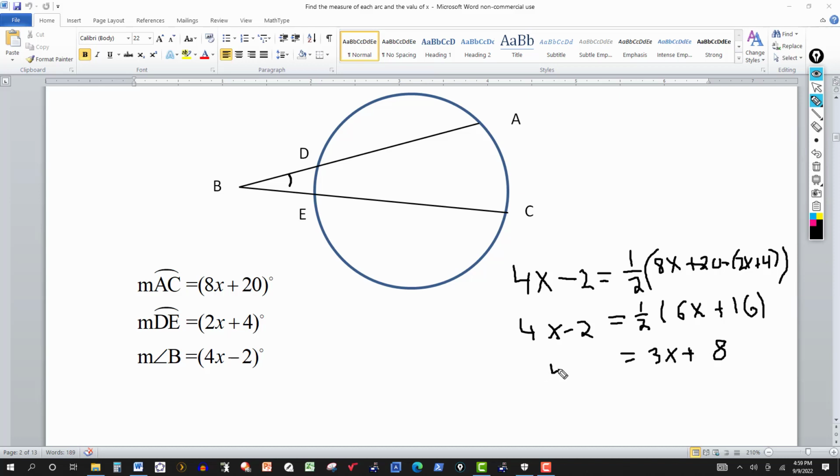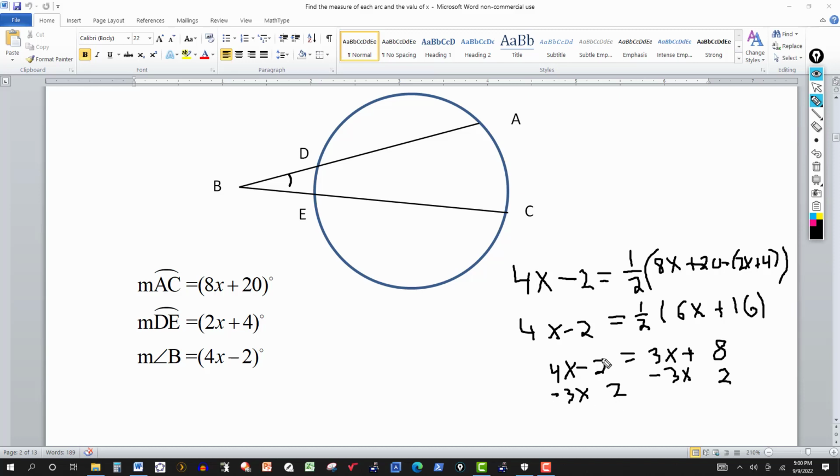This is 4x minus 2. And then we just isolate the like terms. So let's add negative 3x here and negative 3x over here. We're getting all of the x's on one side, the numbers on the other side. Here I'm going to add a plus 2 to get rid of this one, a plus 2 over here.